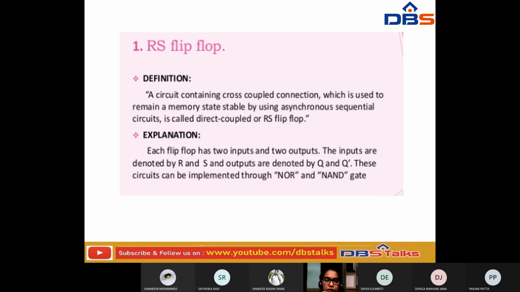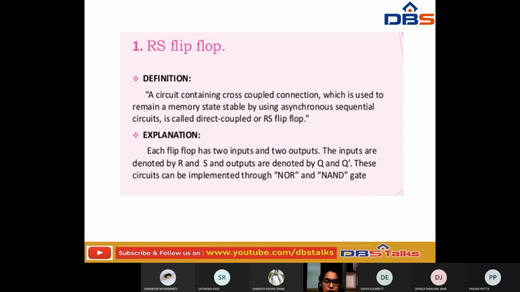When it comes to the explanation, each flip-flop has two inputs and two outputs. The inputs are denoted by R and S, and the outputs are denoted by Q and Q dash.